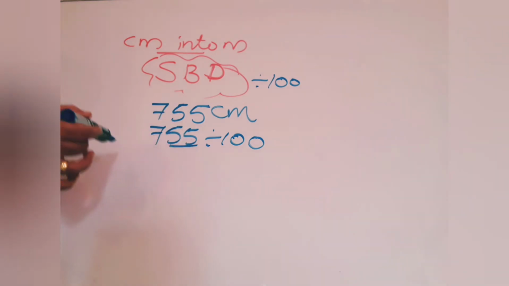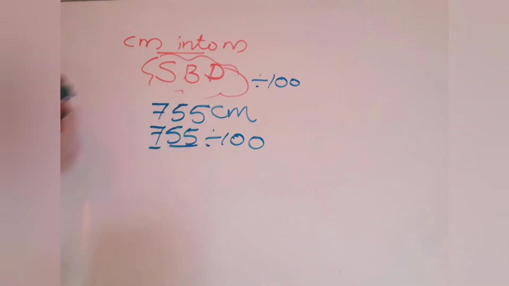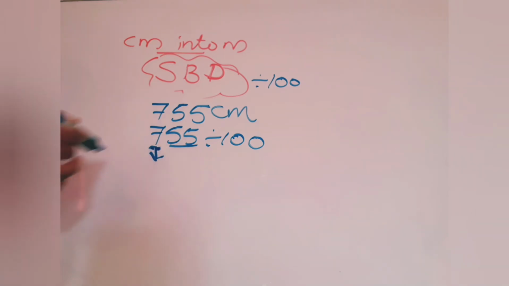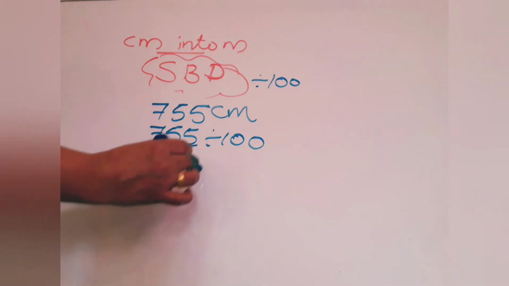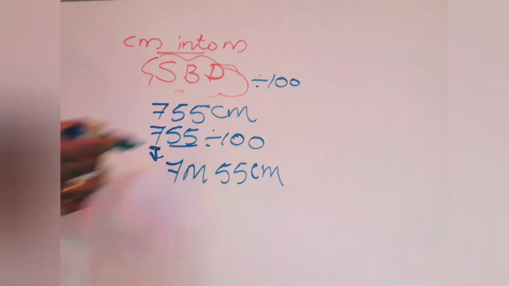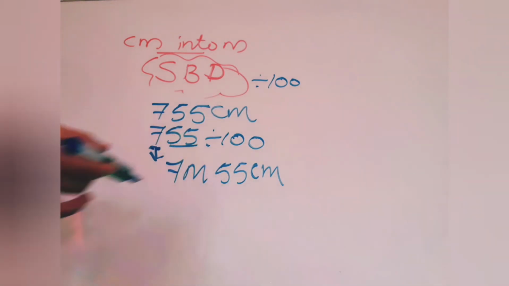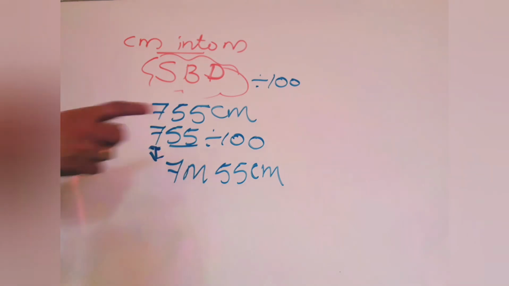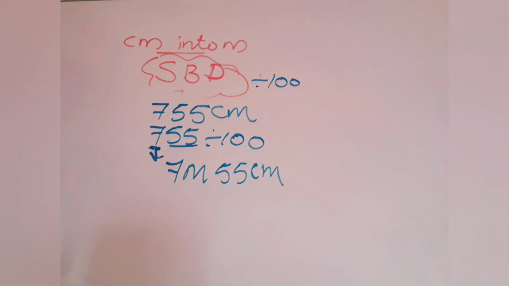What did you underline? 55. What you did not underline is this 7. So it will be 7 meter 55 centimeter. In this there is nothing to avoid because last 55 it is a number. So we should write full 7 meter 55 centimeter is the answer.